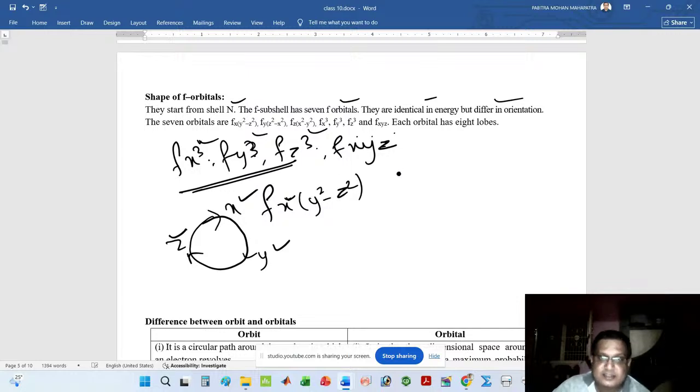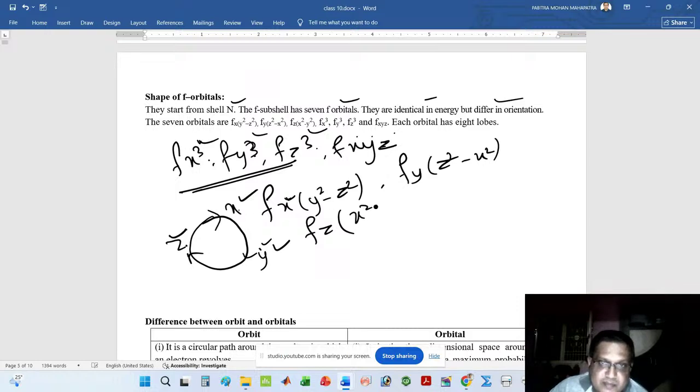What will be the next? Write down fy, give bracket, and write z square minus x square. Next, write down fz, then give the bracket and write x square minus y square. These are the 7 f orbitals.